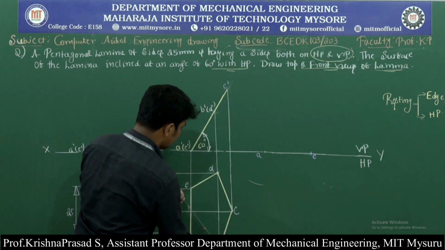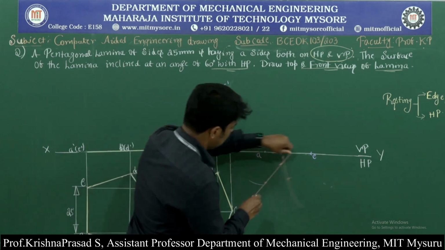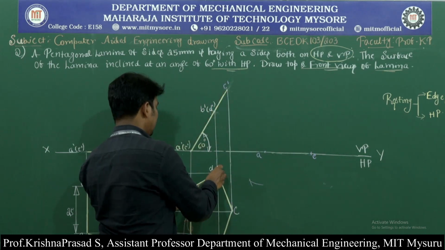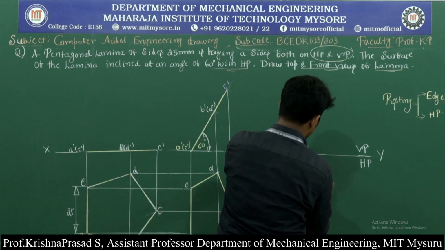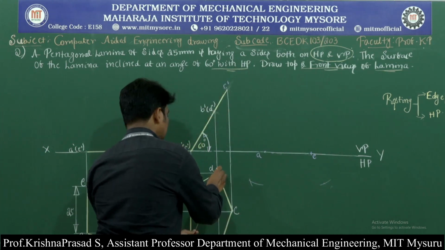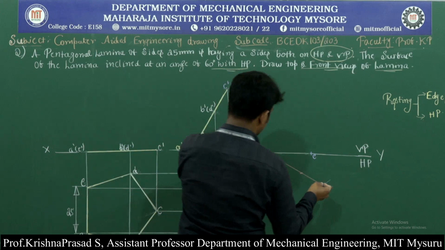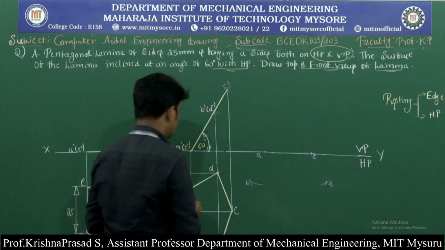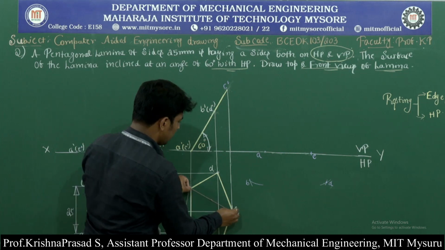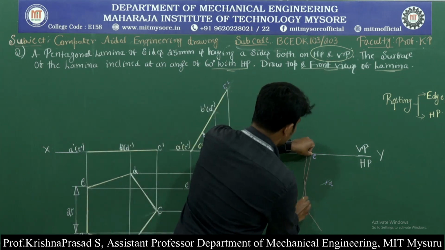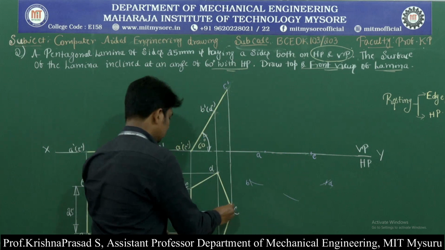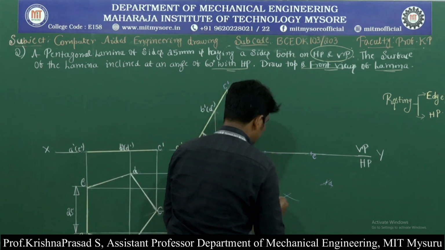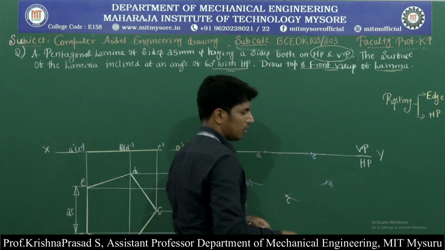Similarly, measure the distance of B from E, draw the arc. Similarly, measure the distance of D from E, draw the arc. Similarly, measure the distance of D from A, mark the arc. Okay. Last one, measure the distance of C from E, mark the arc. Measure the distance of C from A, mark the arc. So then we got also all the 5 corners.